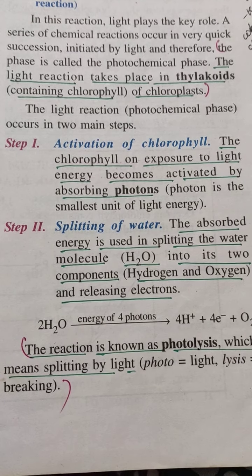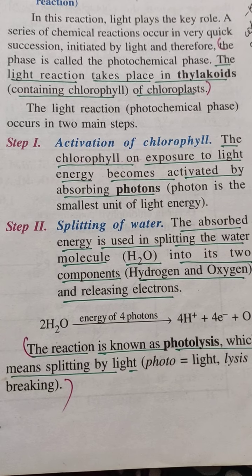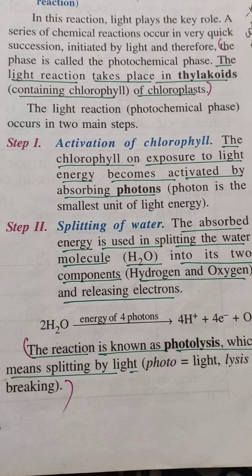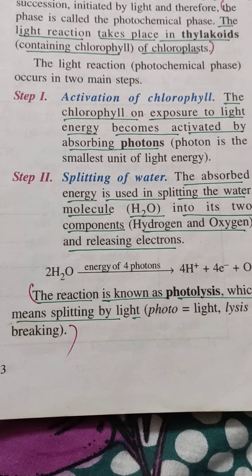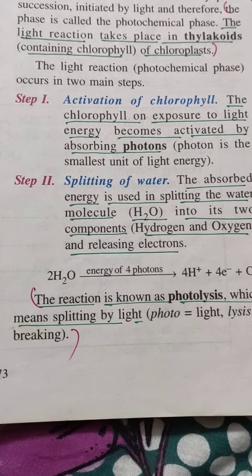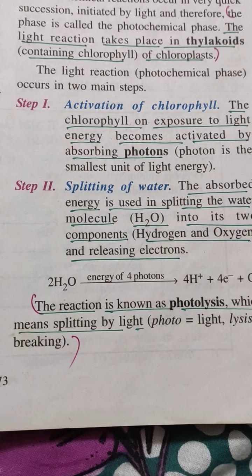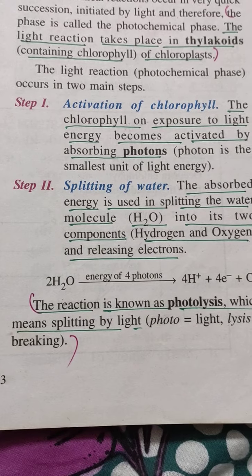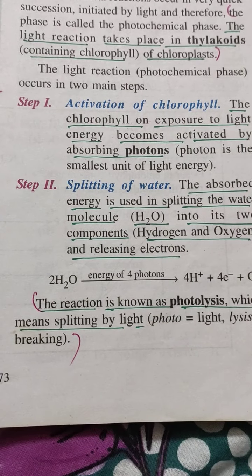Secondly, you can see they give out 4 protons or H+ ions and 4 electrons. Clear? This reaction is known as photolysis. Photo means light and lysis means breaking down. It is like breaking down the water molecule with the help of light, which is why it is also known as photolysis of water.